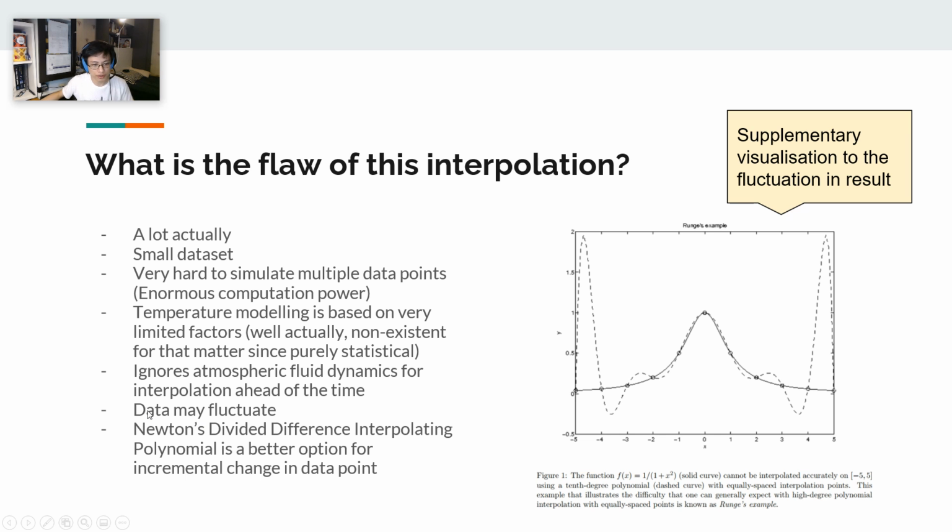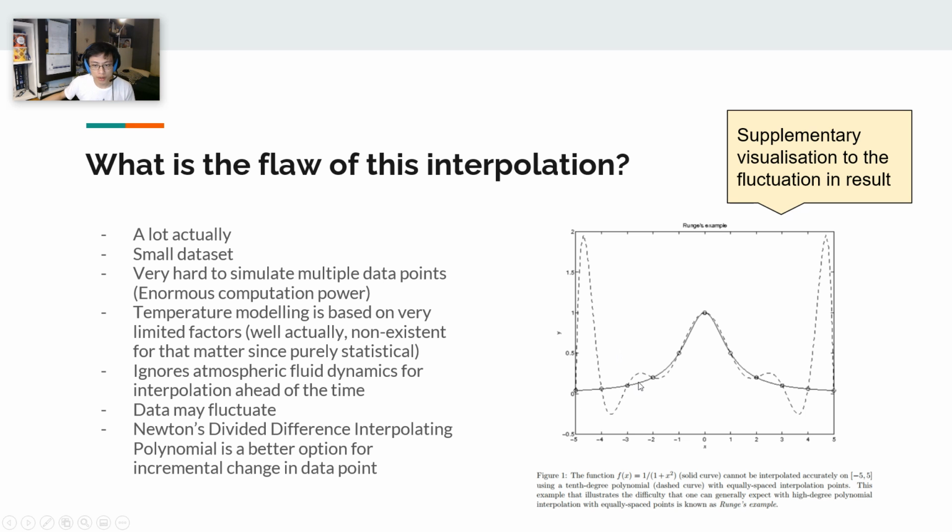Aside from that, as you can see from this illustration over here, this is not exactly based on the problem we have, but it is a very good intuitive insight into the problems faced by Lagrange interpolation. As you can see, if the time step is too big, the data fluctuation will be very big as well, and hence it will affect the accuracy of our data.